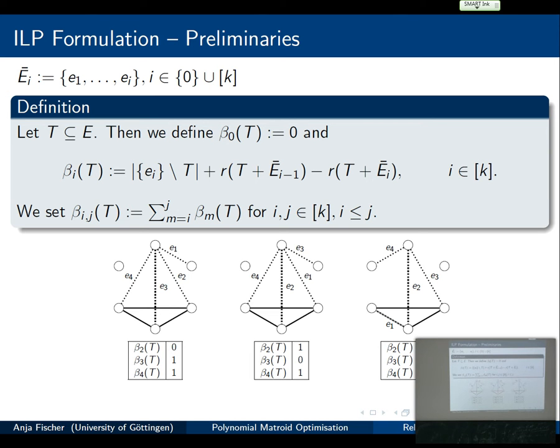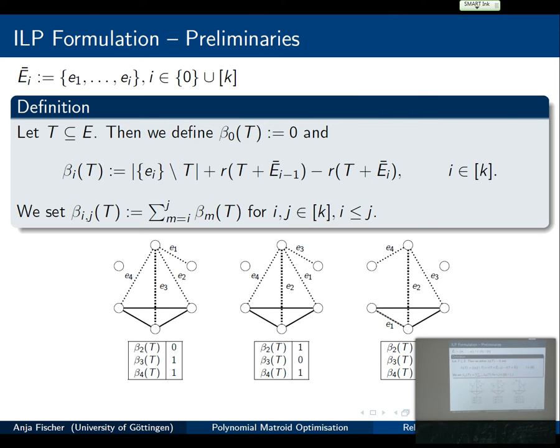So we check if there's a new element. So the rank can be increased by 1. And then we check if it's really increased by 1. Then what happens if we do not get a 0 here? If we get a 1 there, then there is some dependency. And later we want to forbid these dependencies in our constraints.